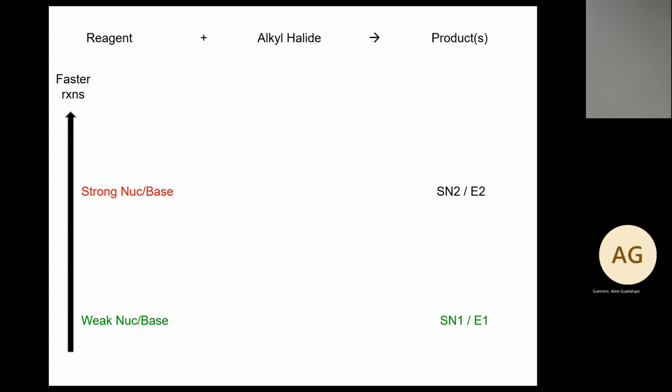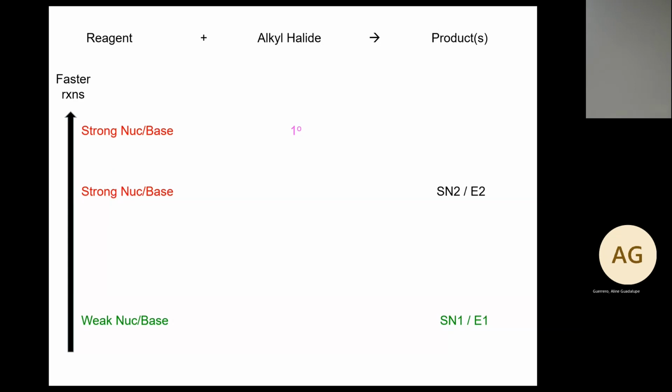If that reagent has both possibilities, that it can make an E2 go and make an SN2 go, how are we going to figure out whether E2 is going to be the predominant pathway or SN2 is? That is something you also need to pay attention to on the other side, which is the alkyl halide.